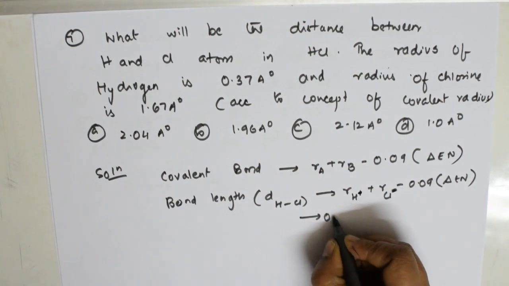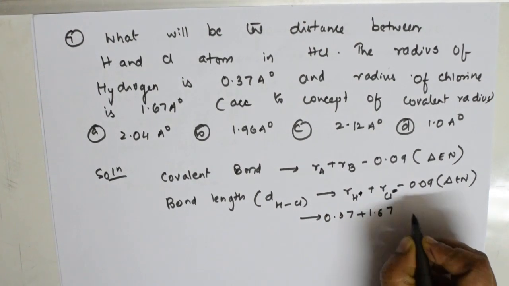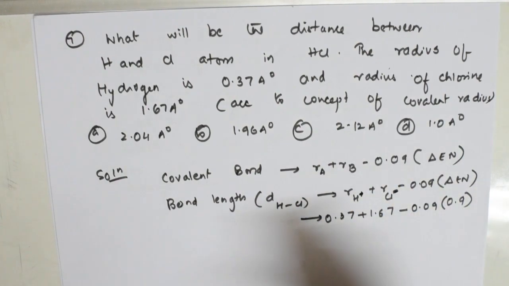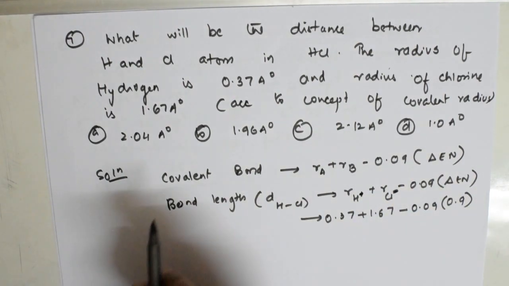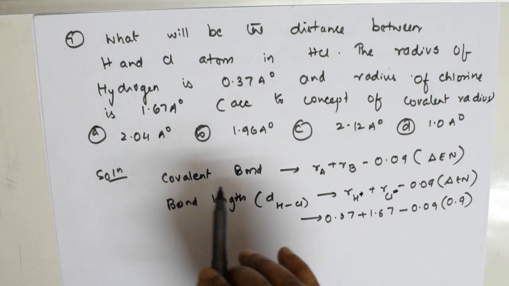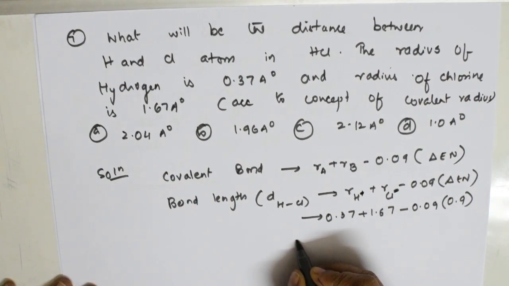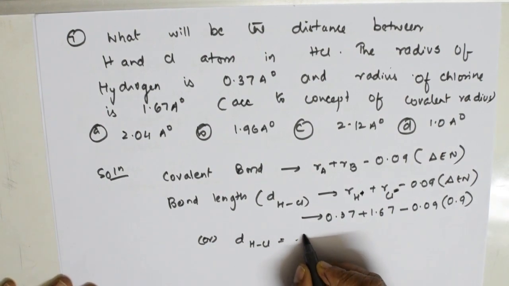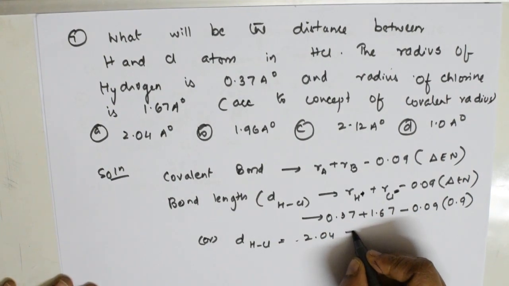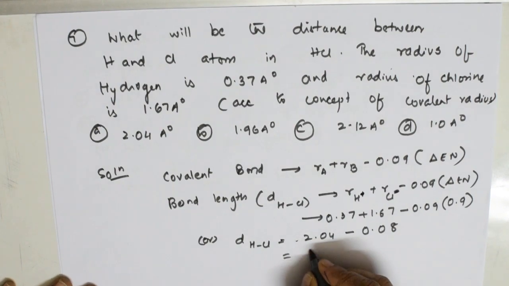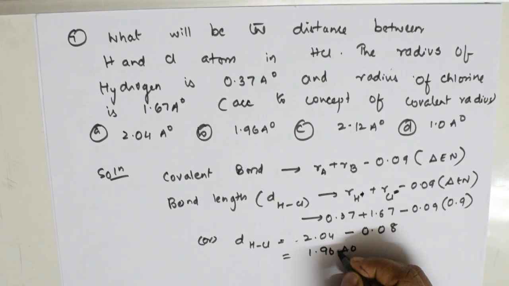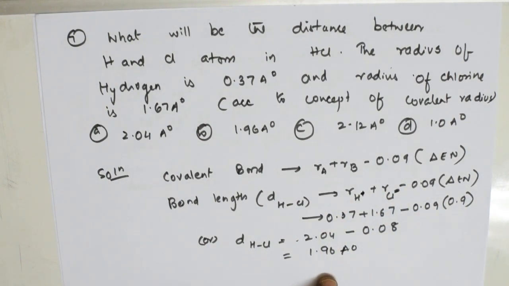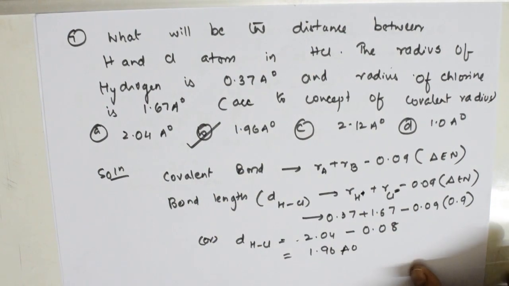Now substitute: 0.37 plus 1.67 minus 0.09 into the electronegativity value 0.9. So D(H–Cl) is equal to 2.04 minus 0.08, which is equal to 1.96 angstroms. The electronegativity value is taken directly, and the final answer is 1.96 angstroms. This is fine, students.